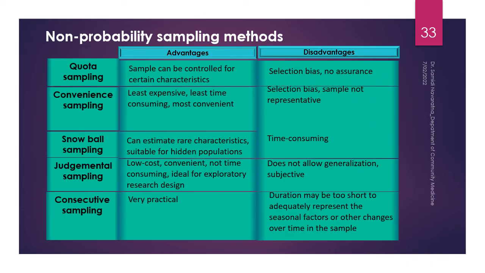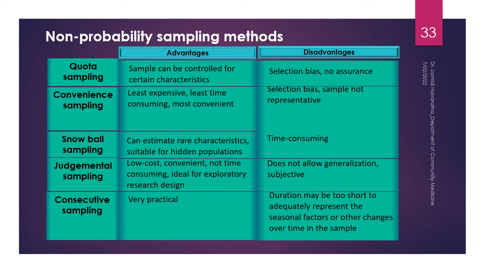So what are the advantages and disadvantages of non-probability sampling methods? Where quota sampling is considered, the advantage is that the sample can be controlled for certain characteristics, but the disadvantages are selection bias and lack of assurance.